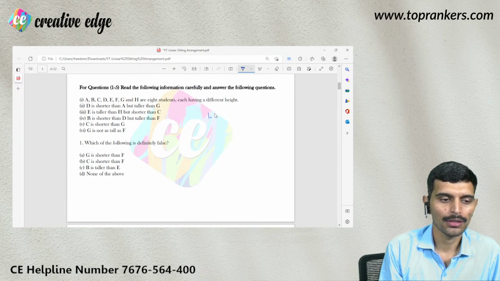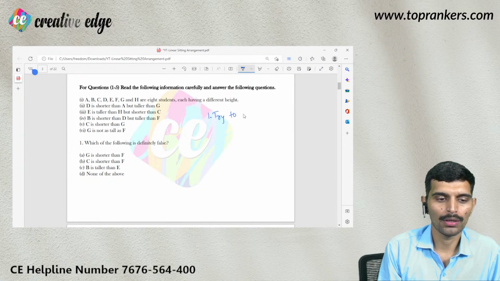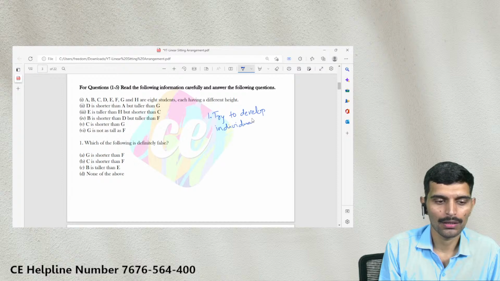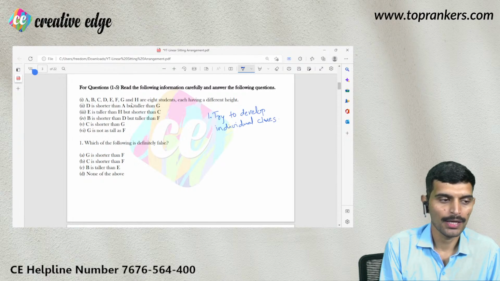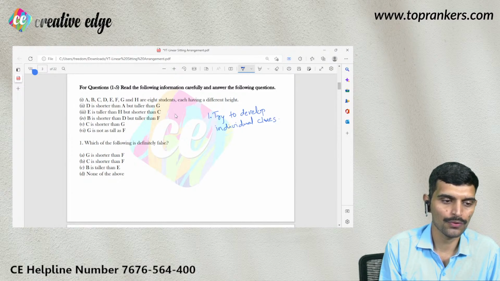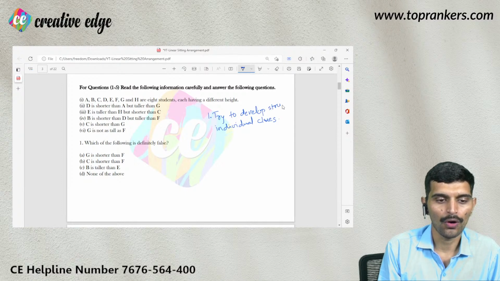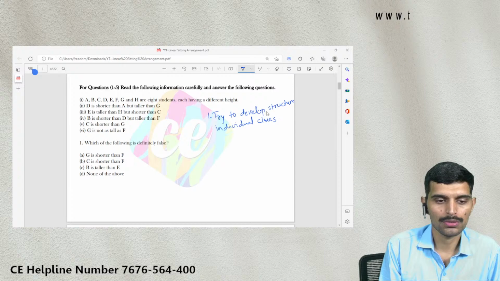Number one, try to develop individual clues. As here we have six clues, we must try to develop a structure for individual clues, right?